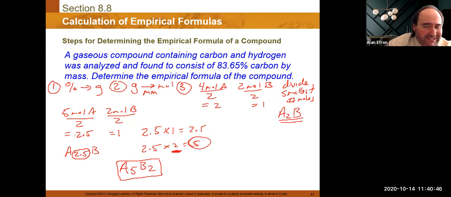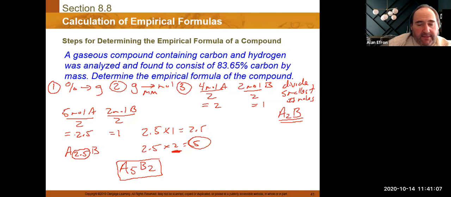So sometimes you get lucky when you divide by the smallest and you hit all whole numbers, which means that is your empirical formula. Sometimes you're not so lucky, don't hit the whole numbers, and you do need to clear it.